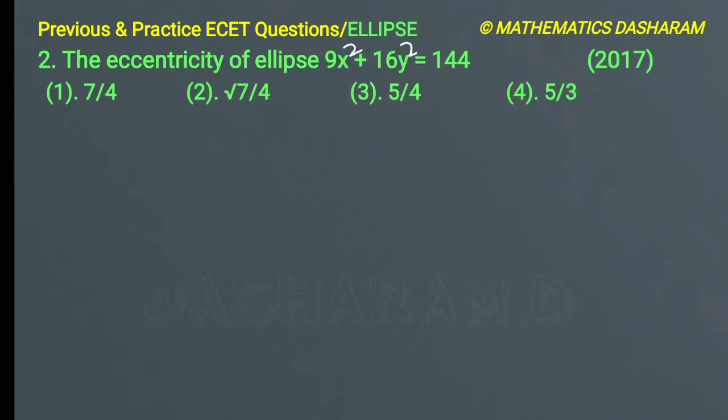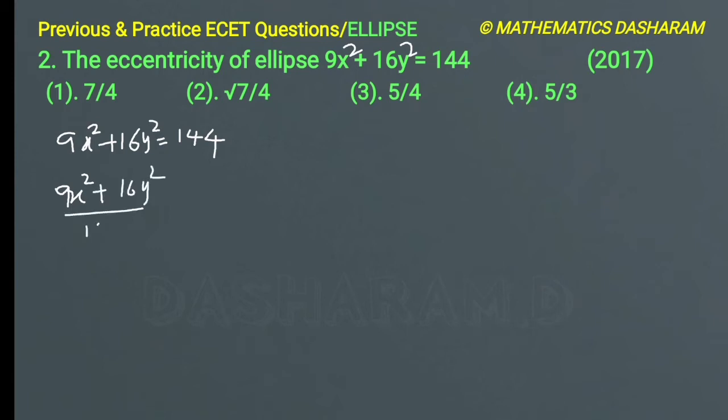Second question: the eccentricity of the ellipse 9x square plus 16y square equals 144. This question was asked in 2017. First of all, the given equation is 9x square plus 16y square equals 144. Let's convert it into the standard form of an ellipse, then find the eccentricity. So 144 is transposed to the left side, so it equals 1.